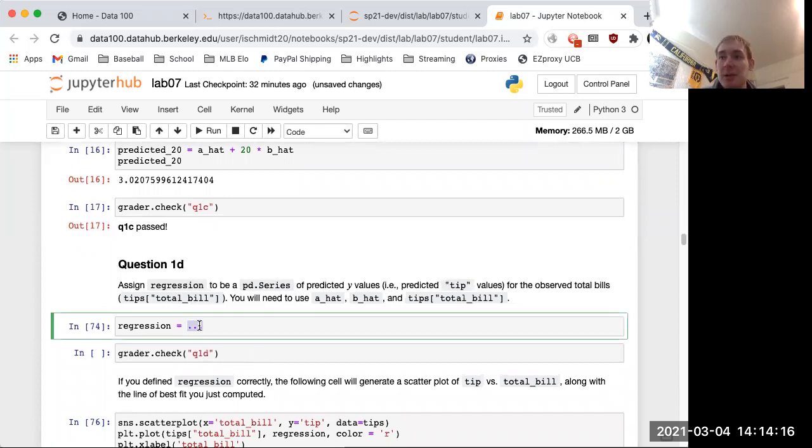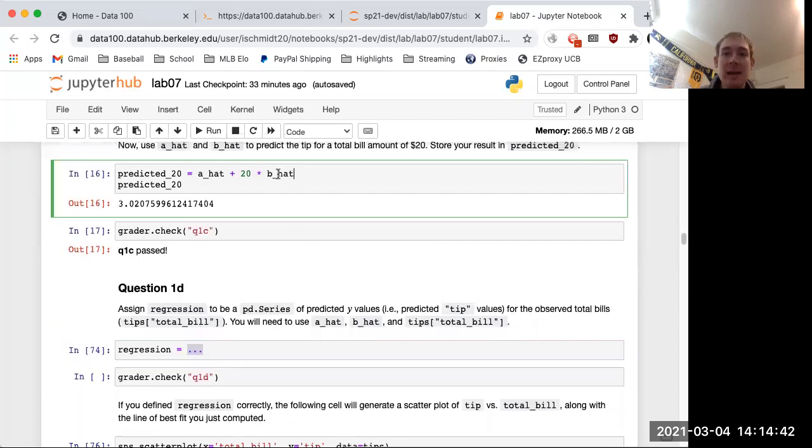Now, instead of just predicting for a single point, a single table, a single party, we're going to predict for all the tables in our data set. So all the different parties throughout the night. A table might be kind of confusing actually, because in this case I'm referring to table as in the literal table in the dining room. But each individual row, we're going to predict the tip based on the total bill.